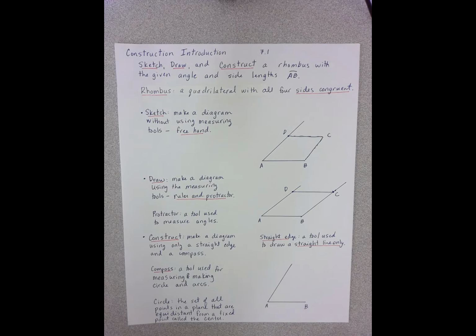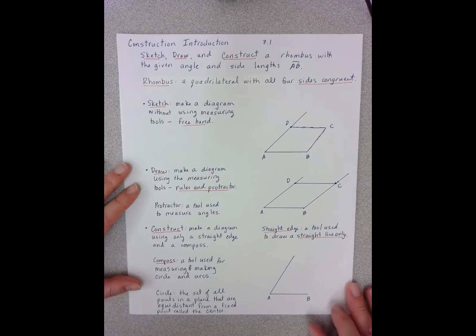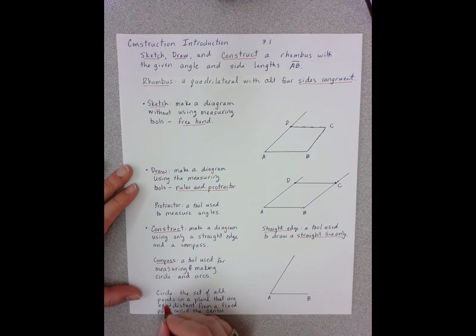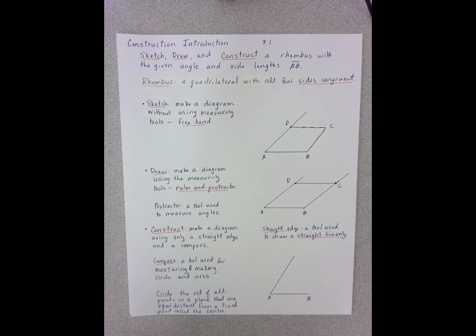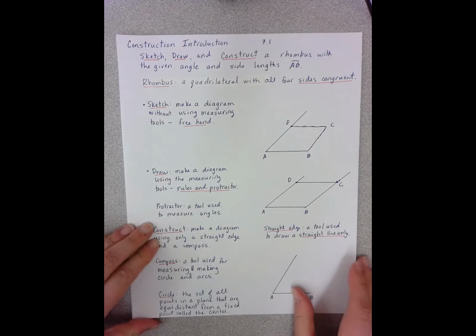I just want to remind you, before we commence with the construction, what a circle is. A circle is the set of all points in a plane that are equidistant from a fixed point called the center. And I will draw that diagram on the next page.